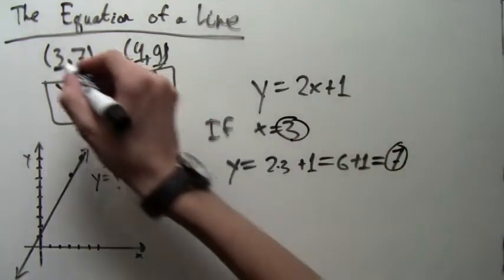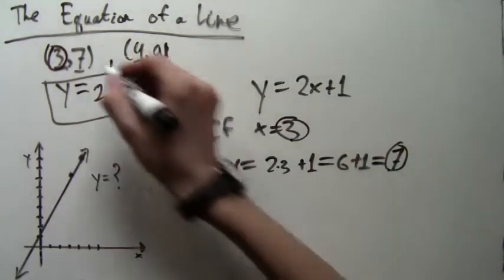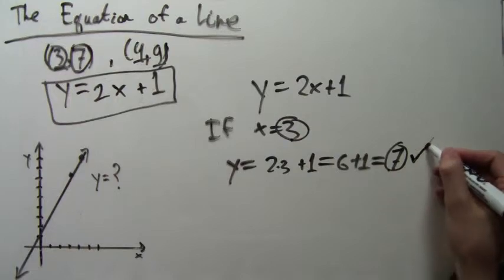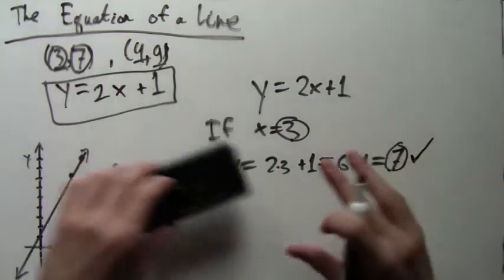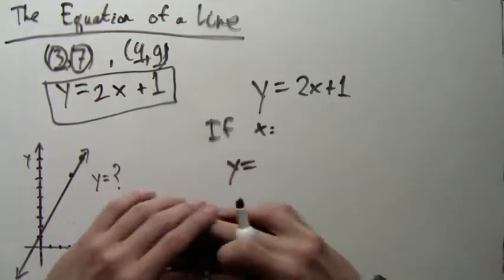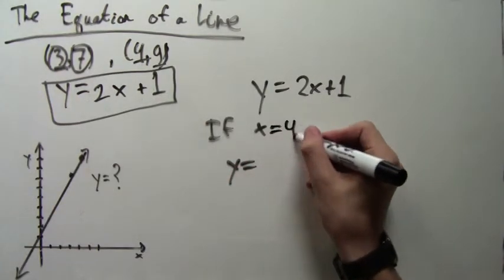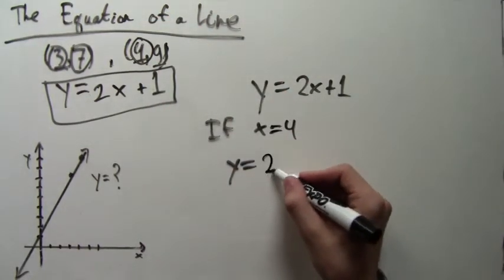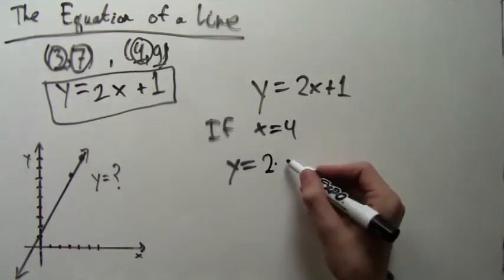And that is correct. We have 3 for the x-coordinate and 7 for the y-coordinate. So we can now check x equals 4, the x-coordinate of the second point. If x equals 4, then according to the formula, y equals 2 times 4 plus 1.